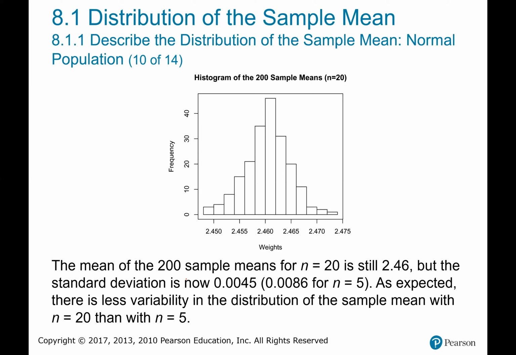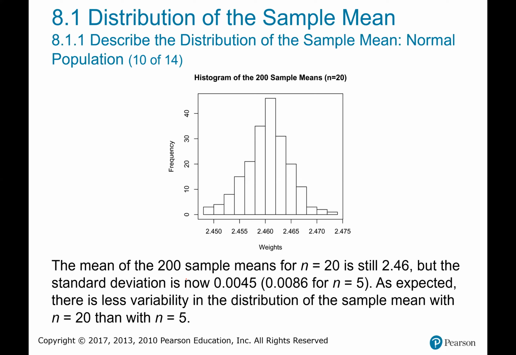We use technology to find the standard deviation, and it is even smaller than when n is equal to 5, because when n was equal to 5, the standard deviation was 0.0086. So now n is equal to 20, the standard deviation decreased more, to 0.0045.